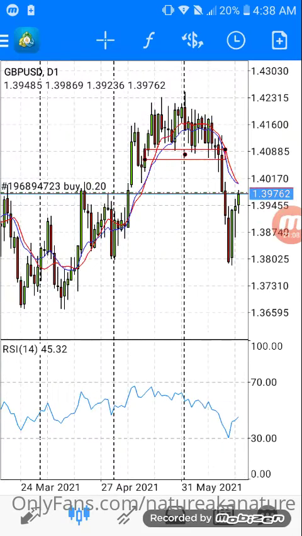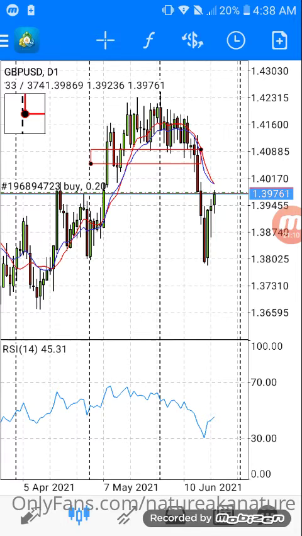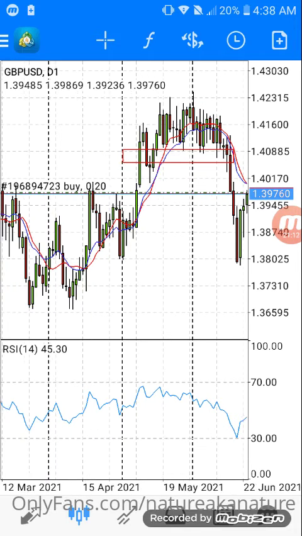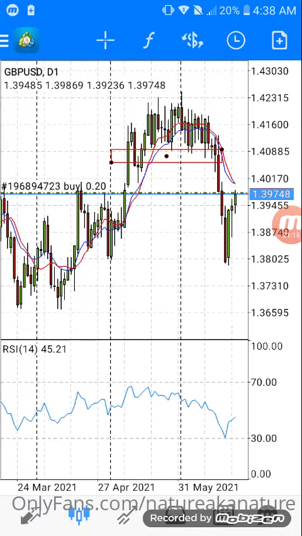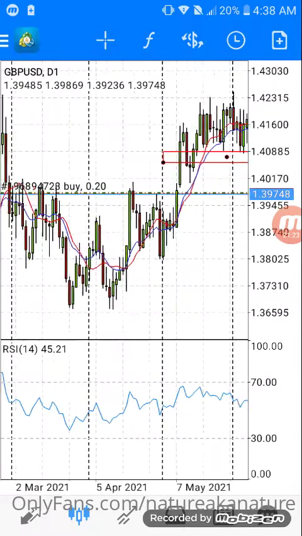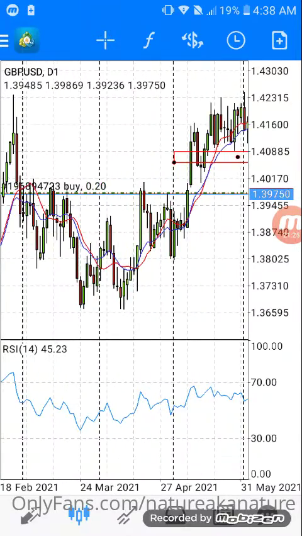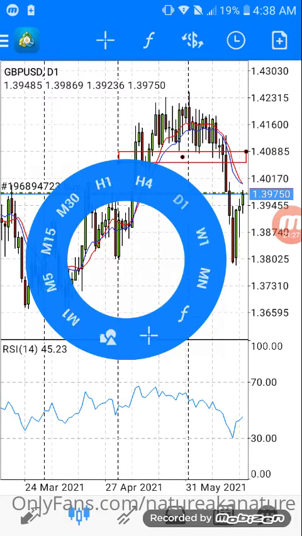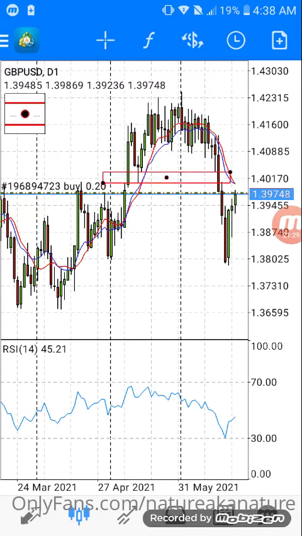Once it breaks the rectangle, this is all consolidating right here. Once it breaks the rectangle, boom, we're in a downtrend. Okay, you can even put a box down here, or right here.